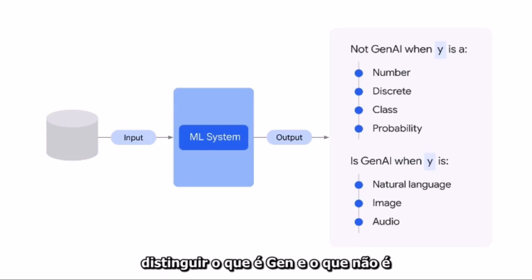It is not Gen AI when the output, or Y, or label, is a number or a class, for example, spam or not spam, or a probability. It is Gen AI when the output is natural language, like speech or text, an image or audio, for example.